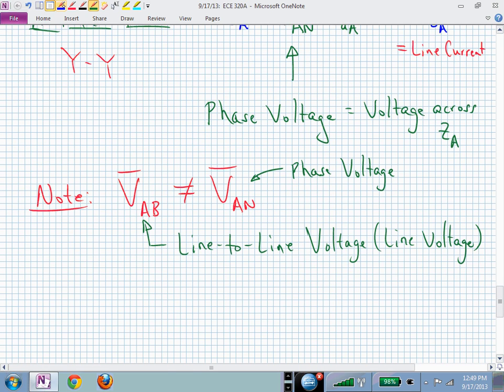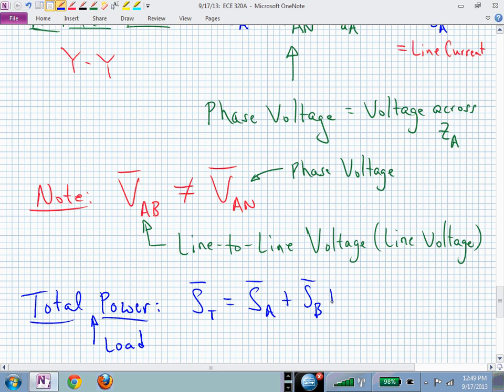But if I wanted now the total power, then my total power at the load, let's say total load power, would be the complex power of the A phase, it would be the complex power of the B phase, and it would be the complex power of the C phase, and that was supposed to be a capital C.